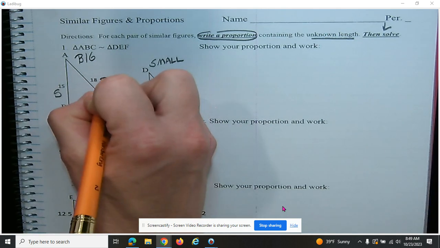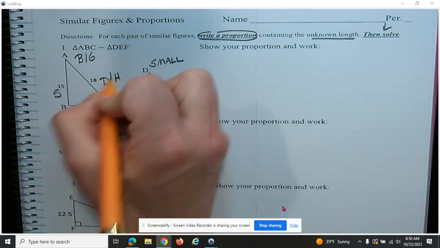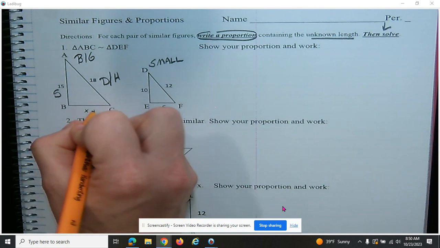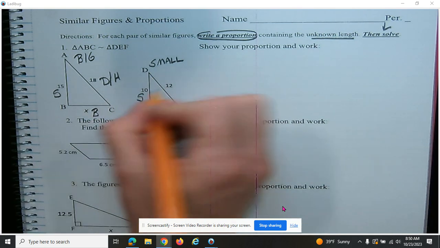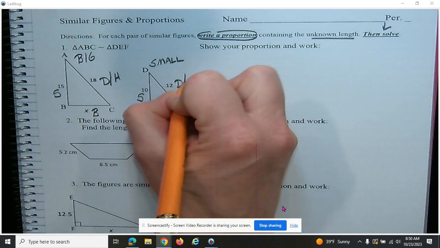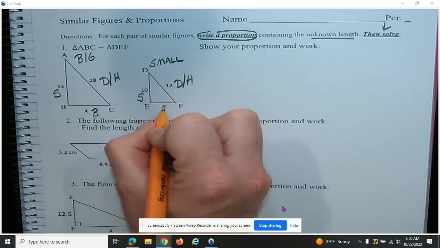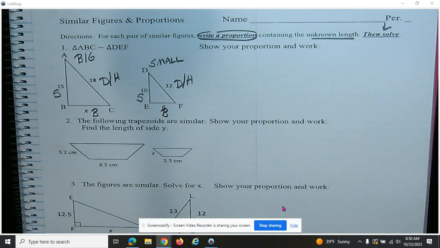You can have a diagonal, or the hypotenuse is really what it's called, and then a base. This is the side. This is the side. Again, you can call this diagonal or the hypotenuse and the base. You've got to keep like things together. There's more than one way to set this up.